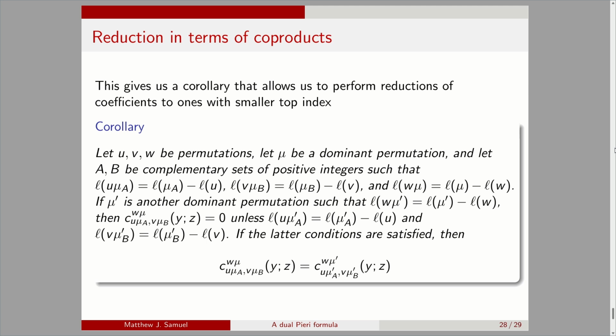So this allows us to do uniform reductions of coefficients to ones with smaller w. So given u, v, and w, we can express them as multiplication of some permutation by a dominant permutation, and then for the top index we pick a smaller dominant permutation, and we have an equality of coefficients due to the previous theorem.